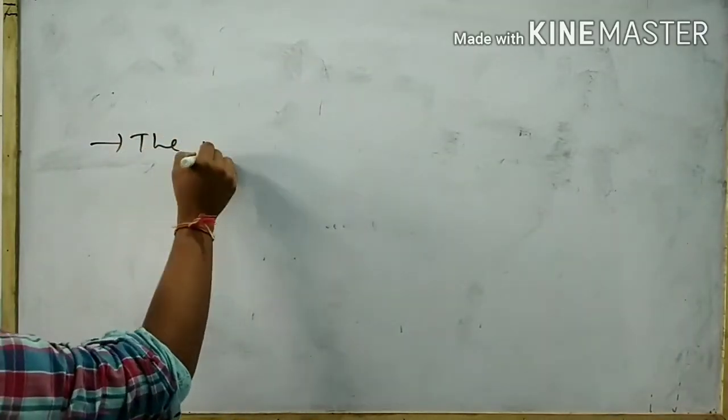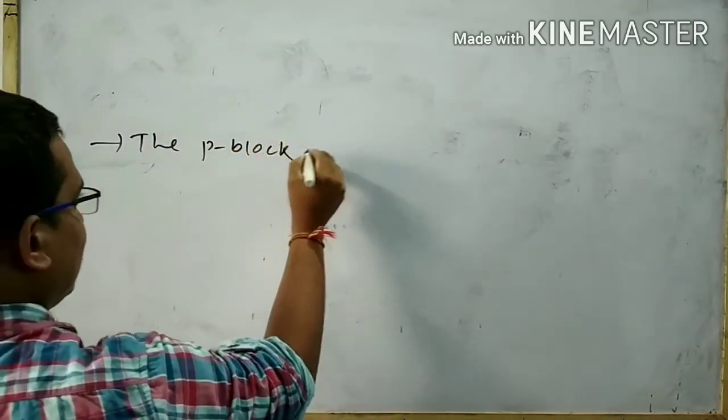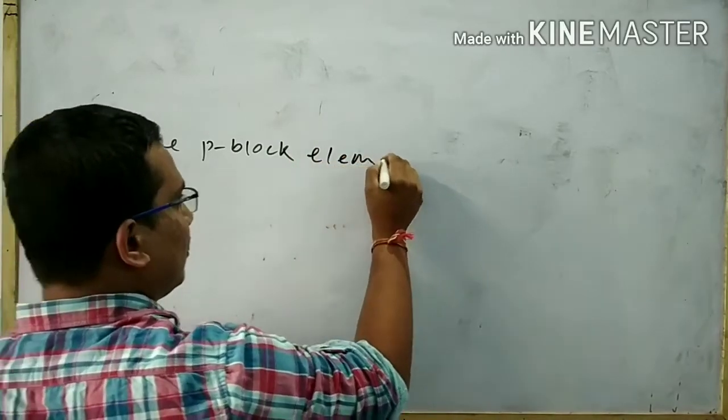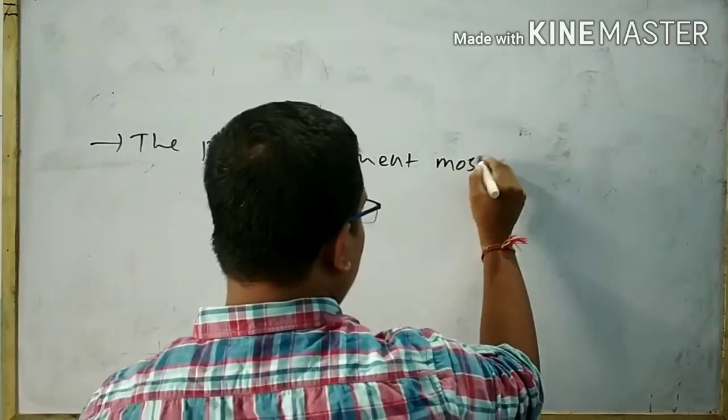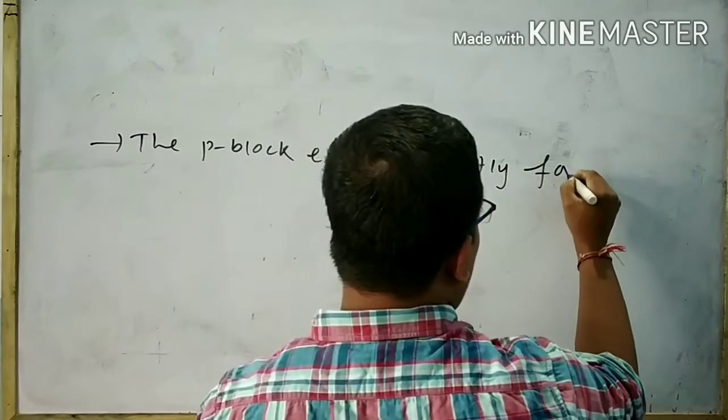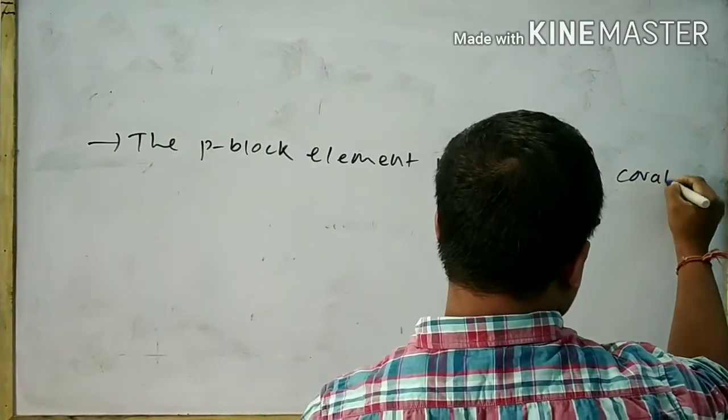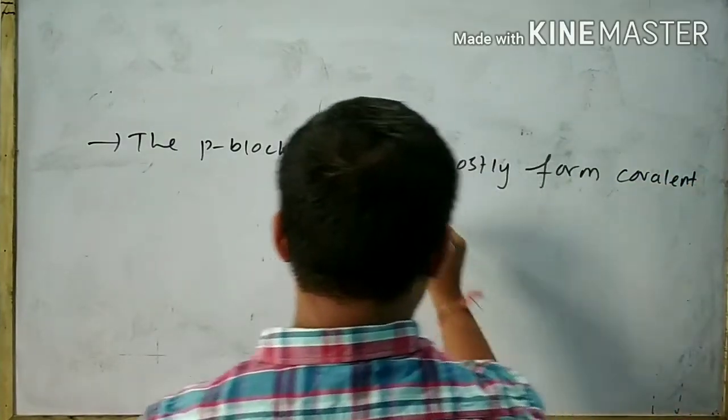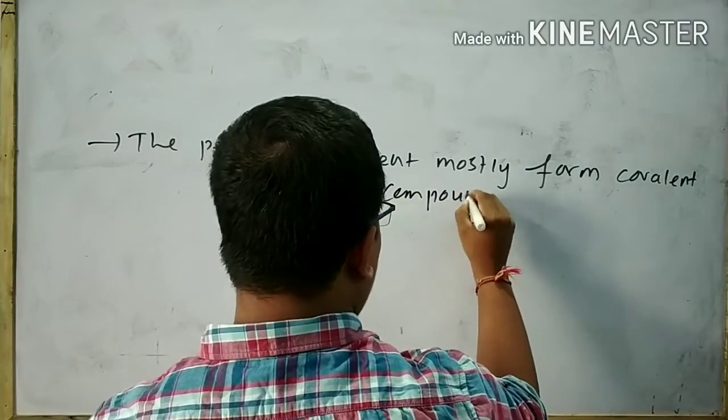The p block elements mostly form covalent compounds.